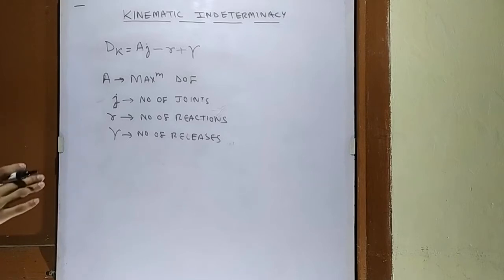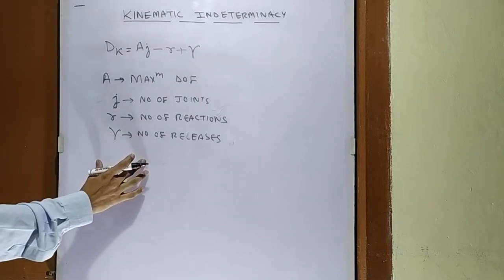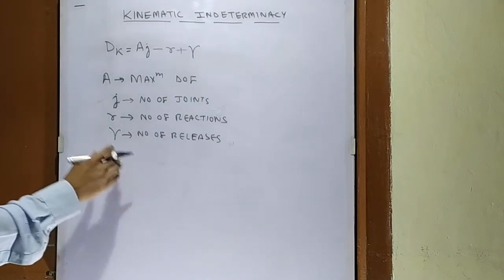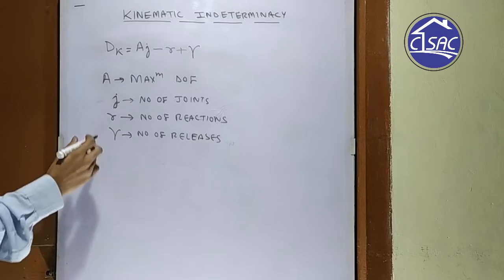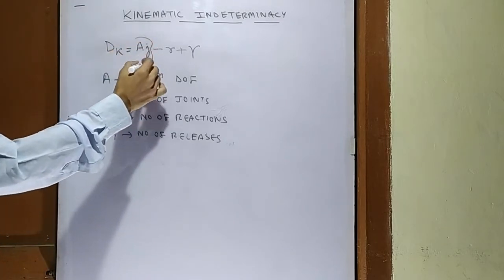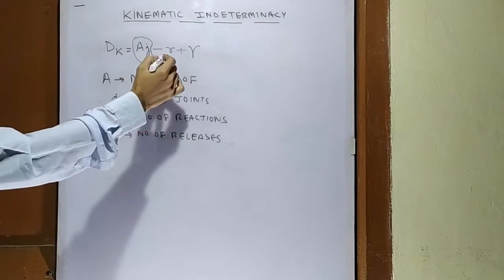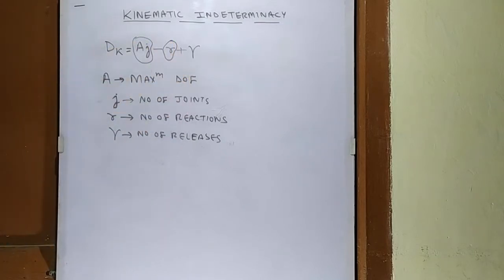Okay, now as I have told you, the basic concept of degree of kinematic indeterminacy is that it is found by finding the number of unknown displacements in the structure minus the number of compatibility equations available. So in the example which I discussed earlier, we found the total number of displacements a structure can have, and we subtracted the number of reactions, which was the number of compatibility equations, for finding out the degree of kinematic indeterminacy.